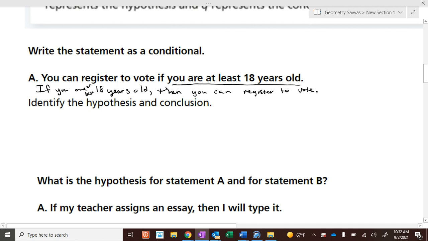Now that's now written as an if-then statement instead of just a statement with an if-then there. Okay? So what is the hypothesis? You are, I just wrote it as your, so we'll leave it as your. You're at least 18 years old. Conclusion?